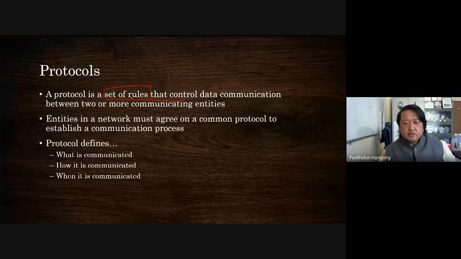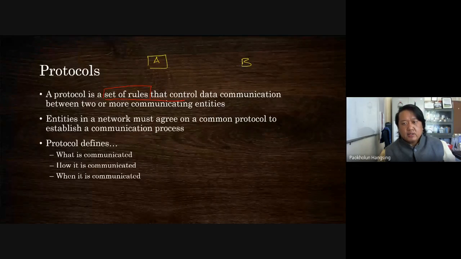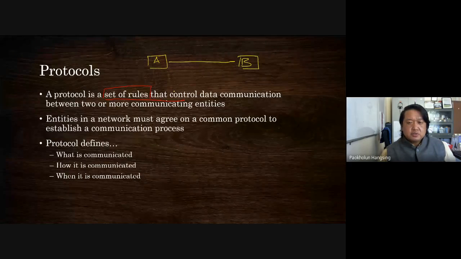When you have this set of rules, both the communicating devices, if there is a communication between A and B, then A and B should follow that set of rules in order to have a data communication or data transmission.